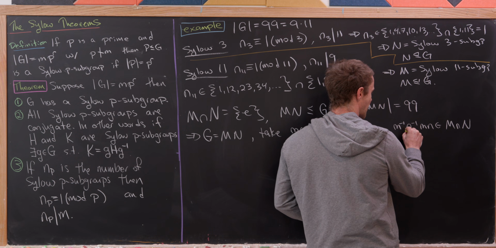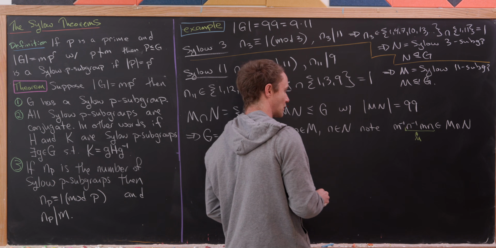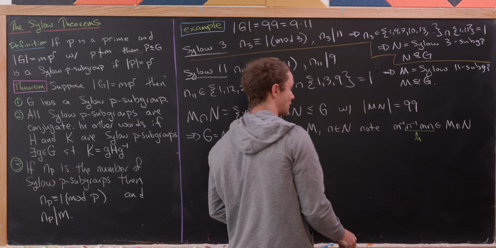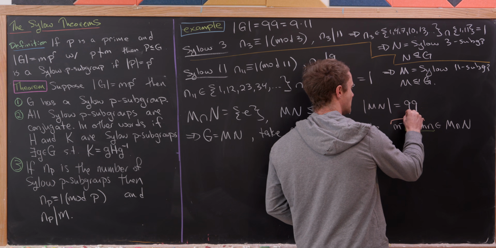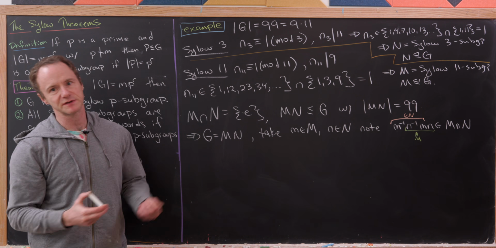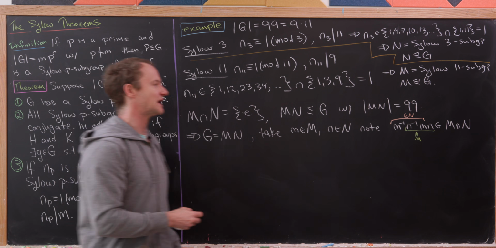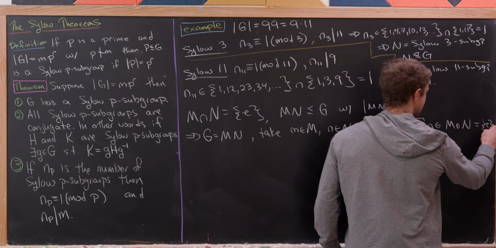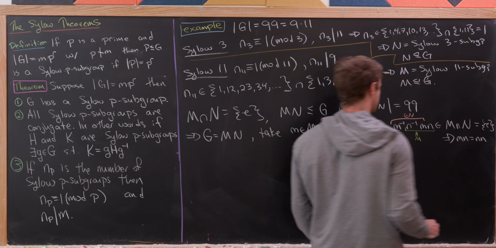So this bit right here must be in M because M is normal, and then it's being multiplied by another thing from M. So the whole thing is in M. And then this thing right here must be inside of N because N is normal, and then it's multiplied by something in N, so it must be in N. So it's got to be in both of those, but it being in both means that it is equal to the identity. But then pretty quickly you get mn equals nm.